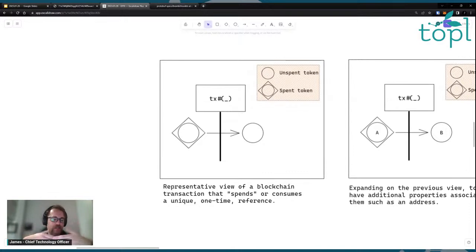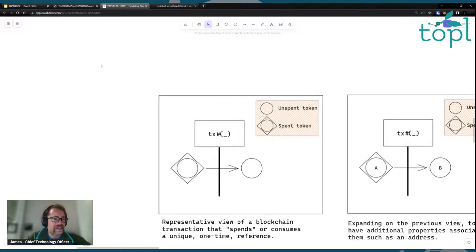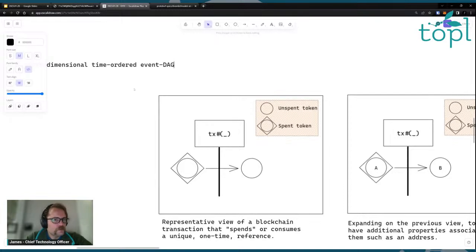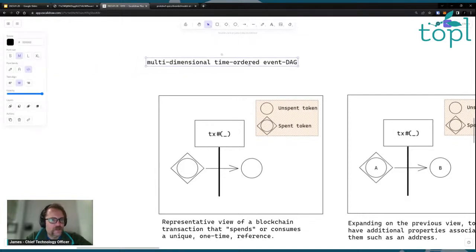One of the ways that I've started to talk about our system as of late is a very heavy term, and I don't necessarily think people should understand it at first, but I do think it's accurate, and that's this idea of a multi-dimensional or hyperdimensional time-ordered event DAG, right? And that's just a mouthful. A multi-dimensional time-ordered event DAG.